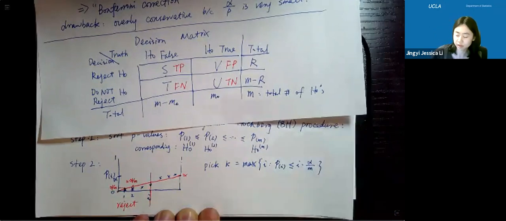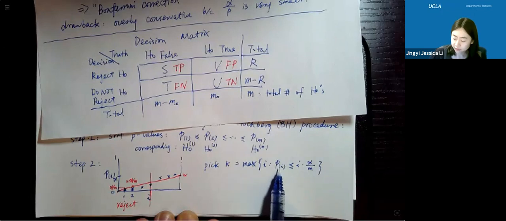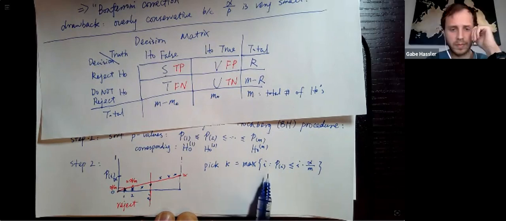This is the slope, and this represents the value on the line. As long as we have p_(i) less than or equal to that, we take the maximum of i, and then we are fine. So this is how we pick the k.